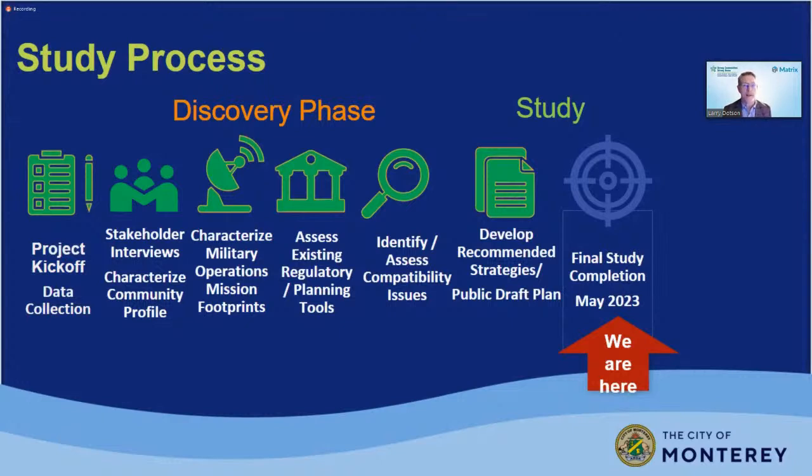We used a set of factors to assess compatibility issues. And then out of that, we engaged in dialogue with the stakeholders to develop a set of recommended actions or recommended strategies or recommended things that could be looked at to potentially be implemented in the future if a local government is willing to do so.